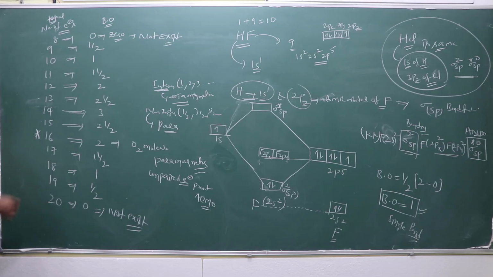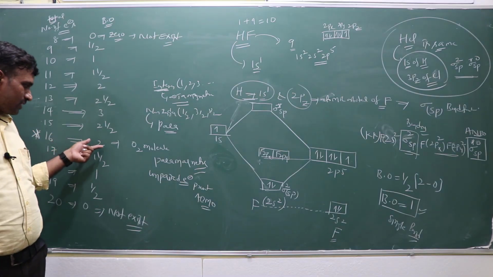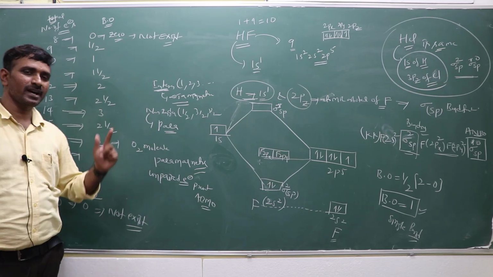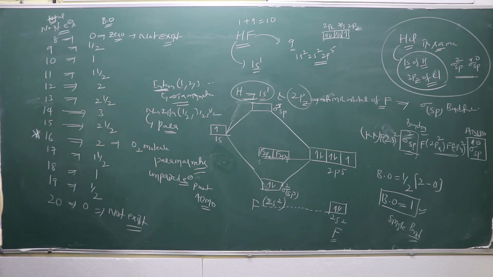Although oxygen has 16 electrons and the bond order is an integer, it is paramagnetic. Why? Because the unpaired electrons are present in the antibonding molecular orbital, right?